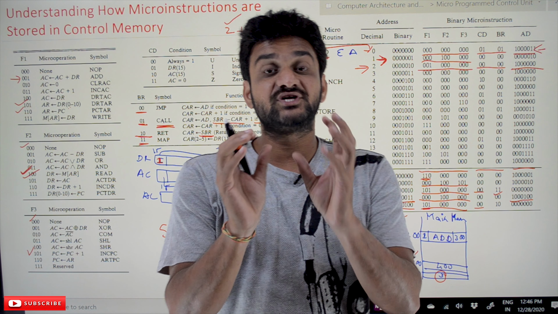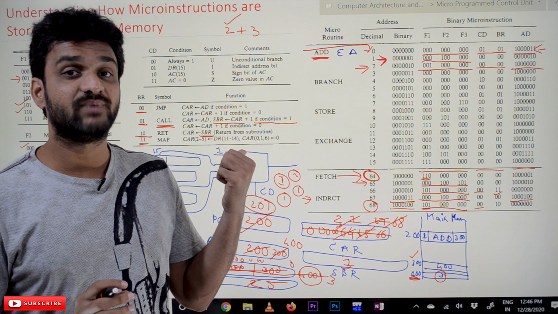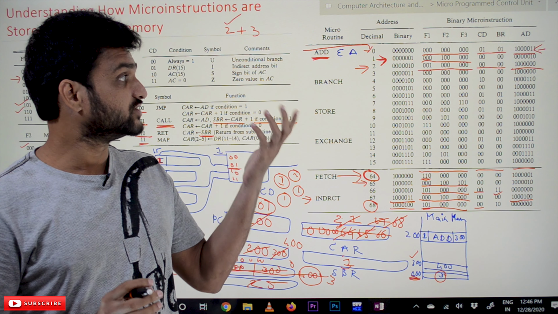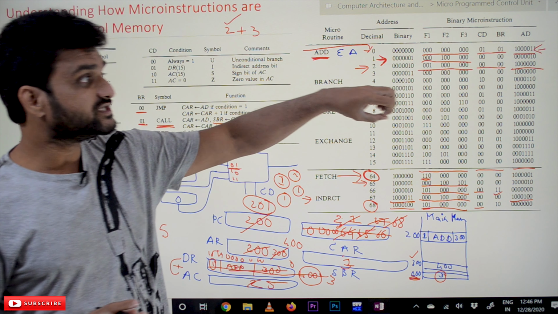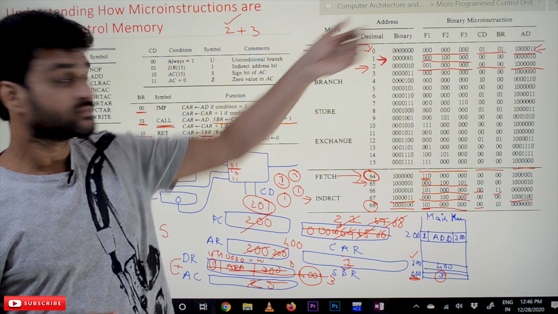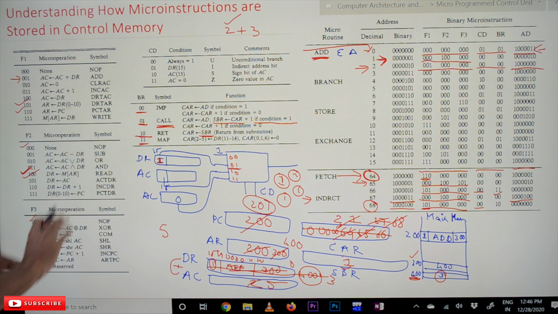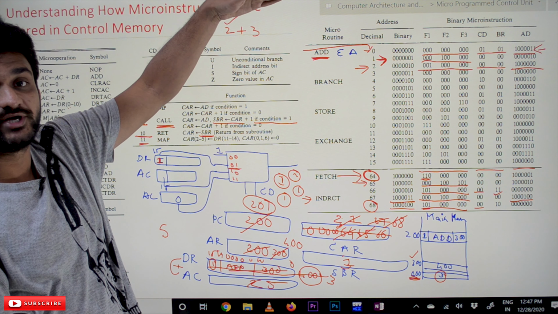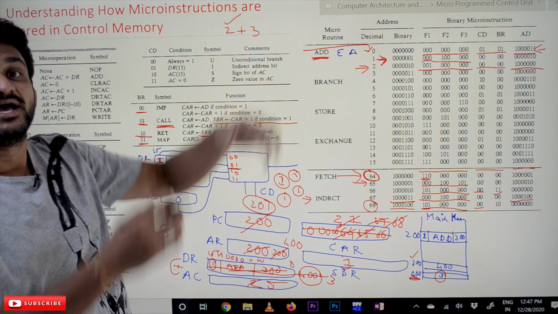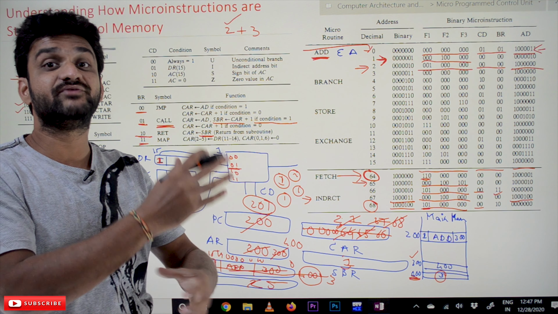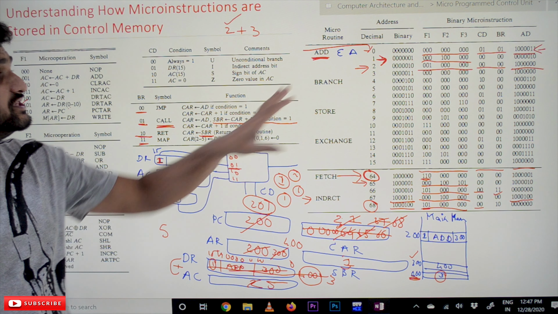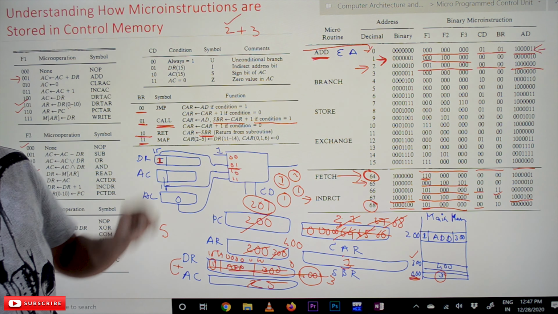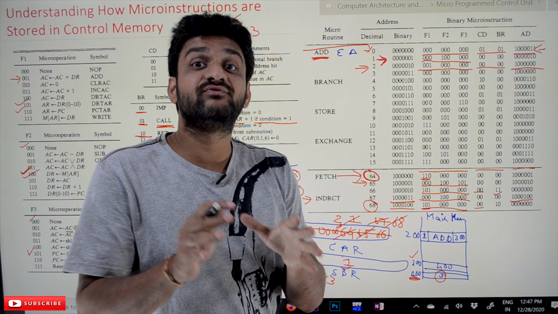So what are the benefits that we are going to get with this kind of microprogrammed control unit? If some instructions are to be added, based upon these micro operations, some more instructions can be added. So the microprogrammed control unit size will get increased, and new modifications can be made with the microprogrammed control unit, which is not possible with a hardwired control unit.